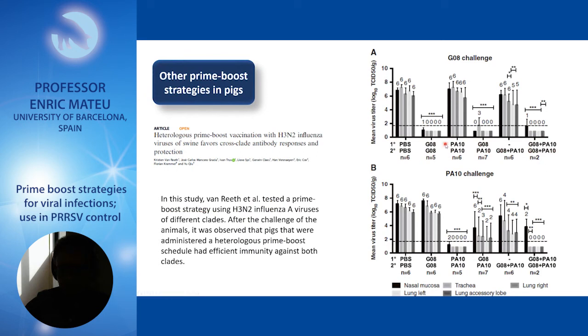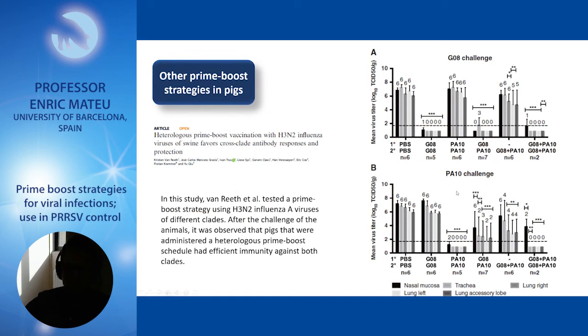After a challenge, as you can see, the animals receiving twice the same were similarly protected to the animals receiving 8 and then 10, compared to the animals that receive a combination of 8 and 10 that perform worse than this heterologous prime boost group.